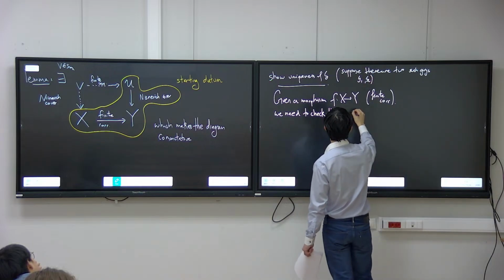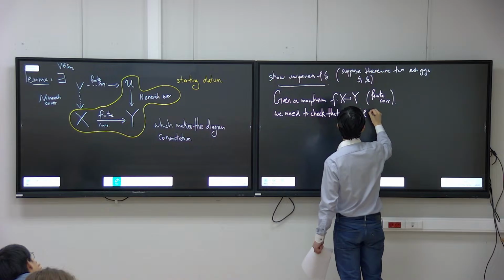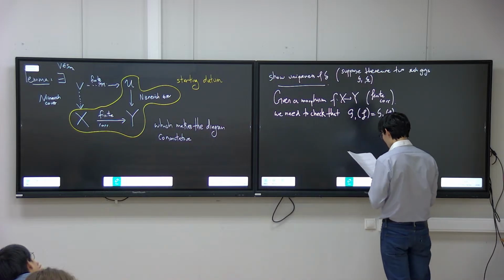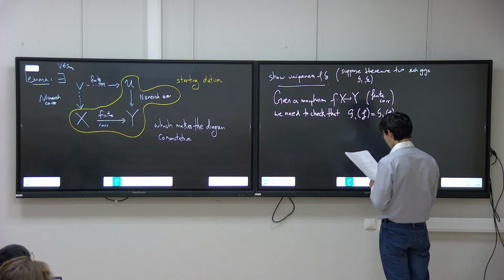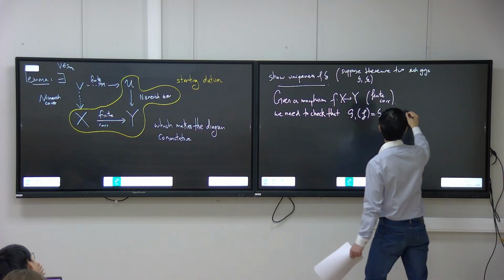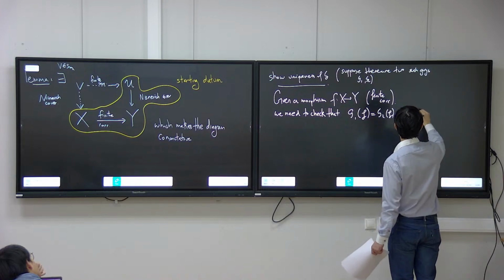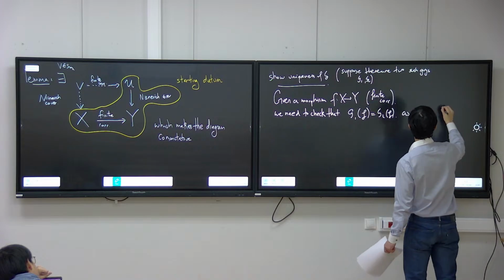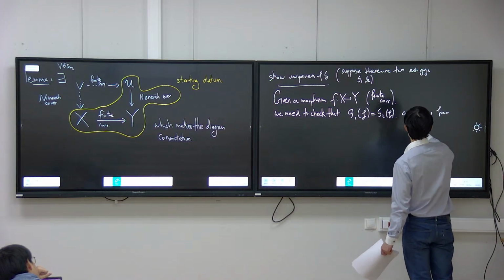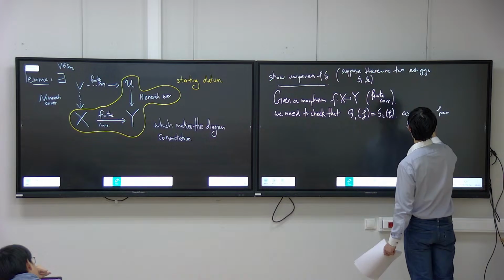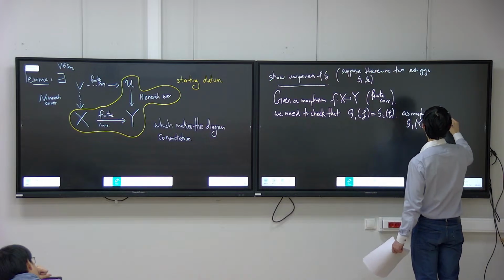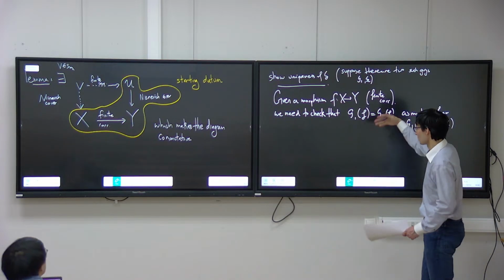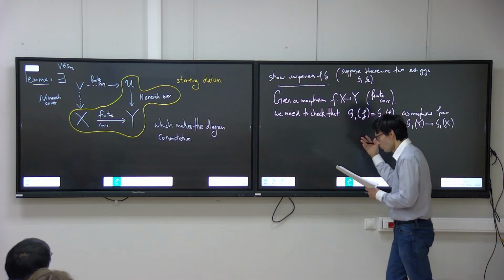We need to check that G1 of f is equal to G2 of f, basically, as morphisms from G1 of Y to G1 of X. On objects, they're the same thing, G1 and G2 are the same. We just need to check it on morphisms, since on objects you're fixed.